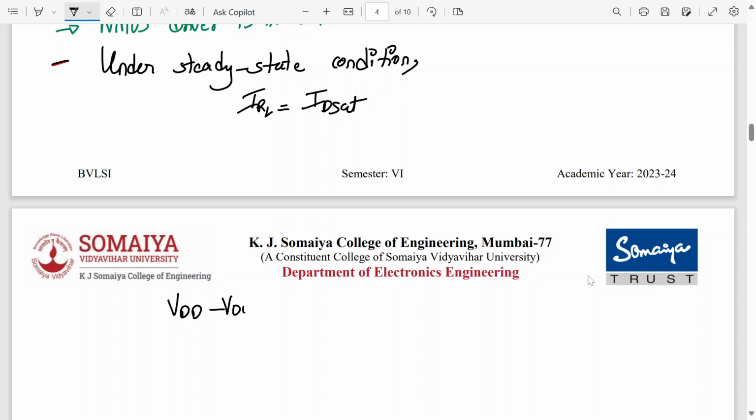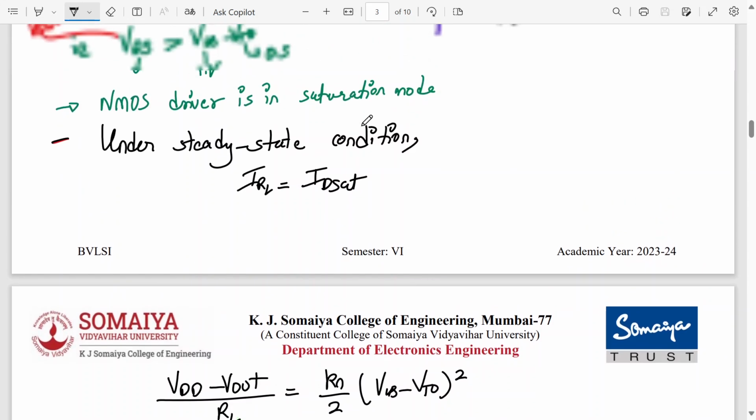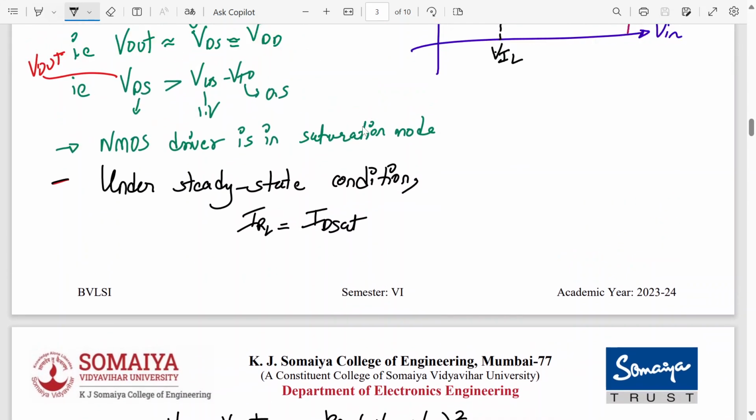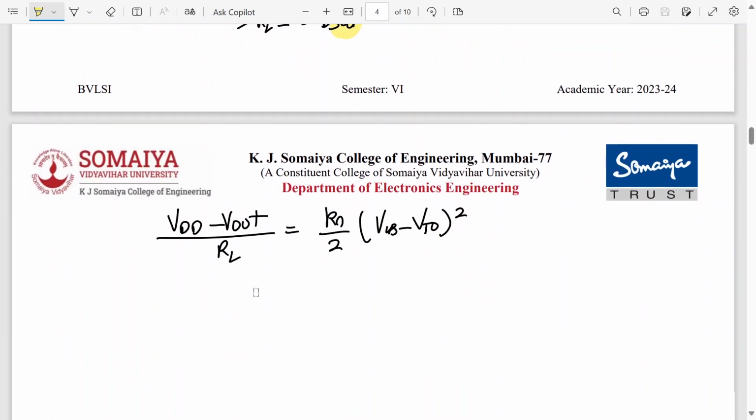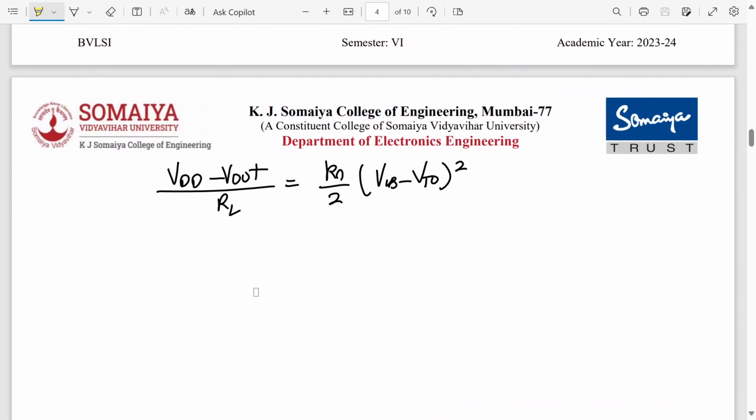VDD minus V out upon RL. And what is ID sat? Kn by 2 into VGS minus VTO the whole square. Yes or no? So we have equated the currents. Why are we substituting the ID sat formula? Because we have determined that NMOS is operating in the saturation region. That is why we are writing ID sat and not ID linear. Okay. So now we have to substitute over here.